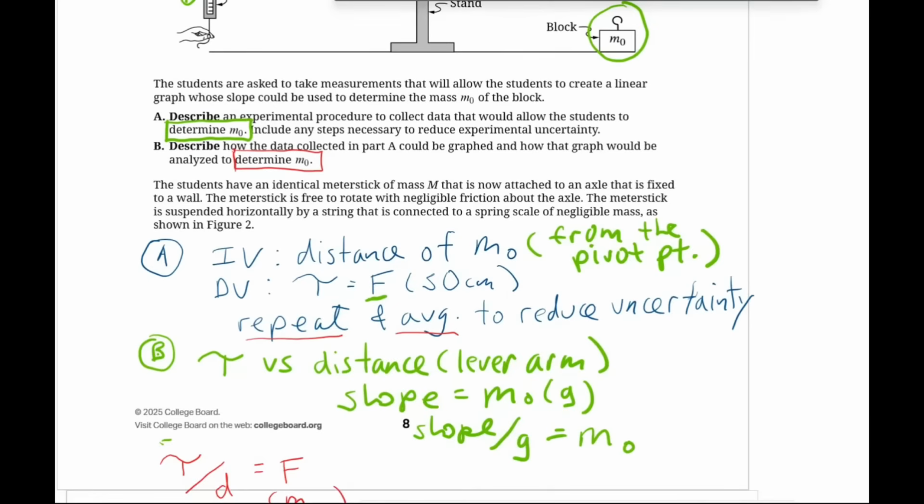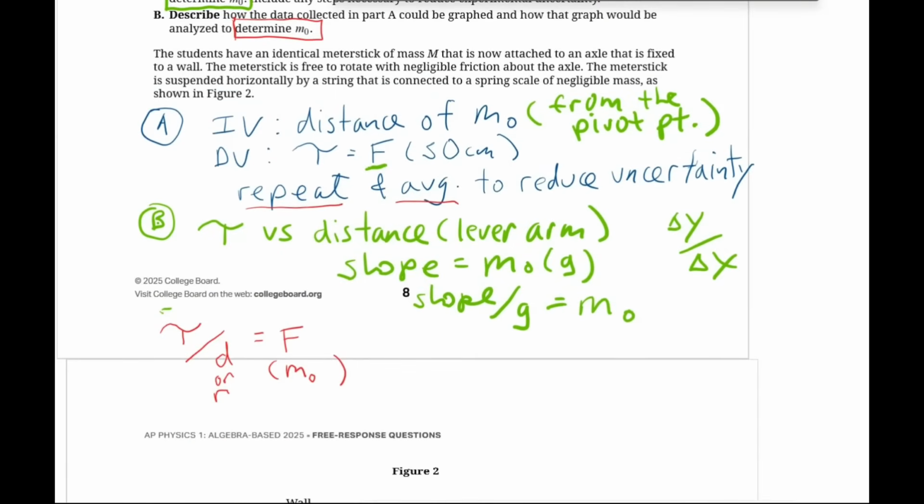Now, what you would do from there is you would plot torque versus distance. And if you did that, anytime you find a slope, your slope is basically going to be your change in y over change in x. So if we take a look over here, it would basically be torque divided by distance.